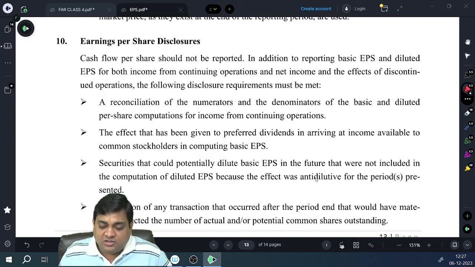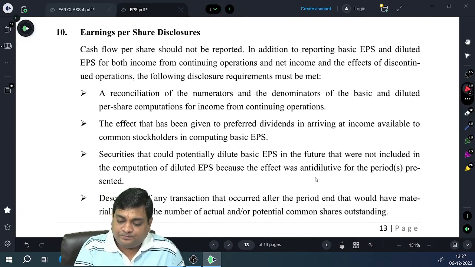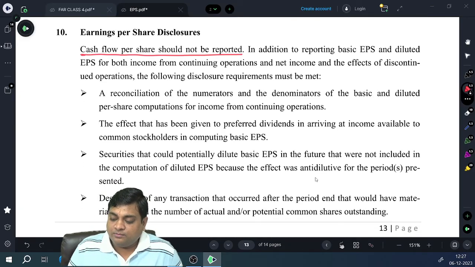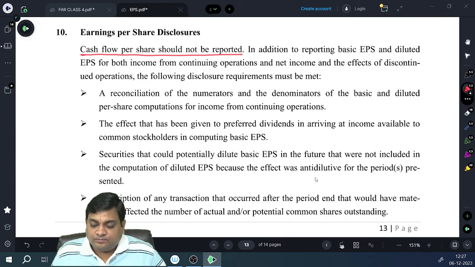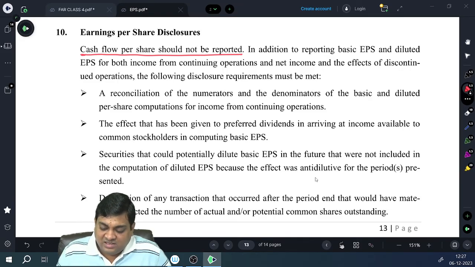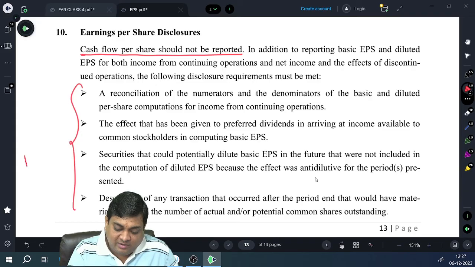Now cash flow per share won't be reported, this I have already told you. And these are some additional disclosure requirements.